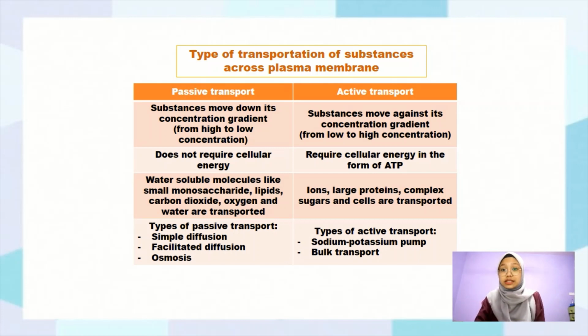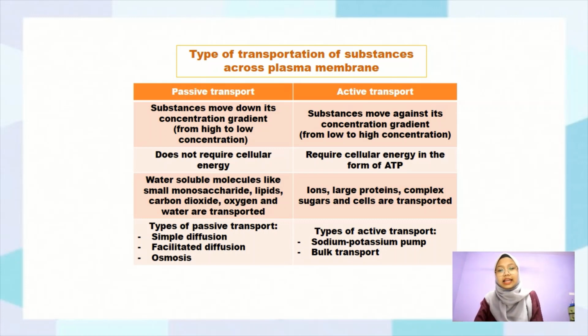The substances that can move by passive transport are water-soluble molecules like small monosaccharides, lipids, carbon dioxide, oxygen, and water. Meanwhile, in active transport, ions, large proteins, complex sugars, and cells are transported.